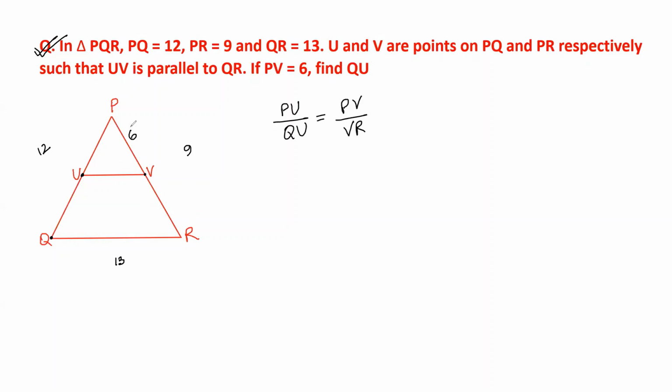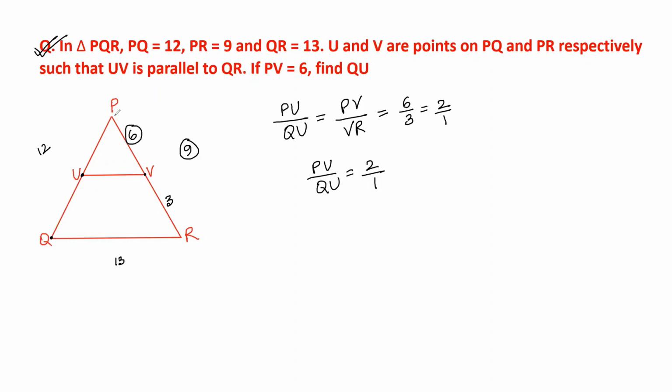We have been given the length of PV to be 6 units and the length of PR to be 9 units. So the length of VR would be 9 minus 6, that is 3 units. So PV upon VR can be written as 6 by 3, which is 2 by 1. So PU upon QU is in the ratio 2:1.